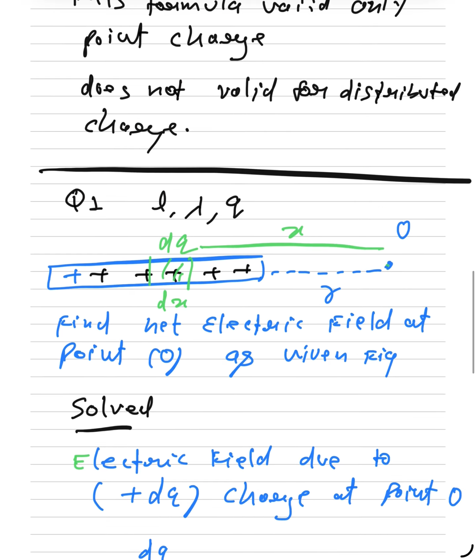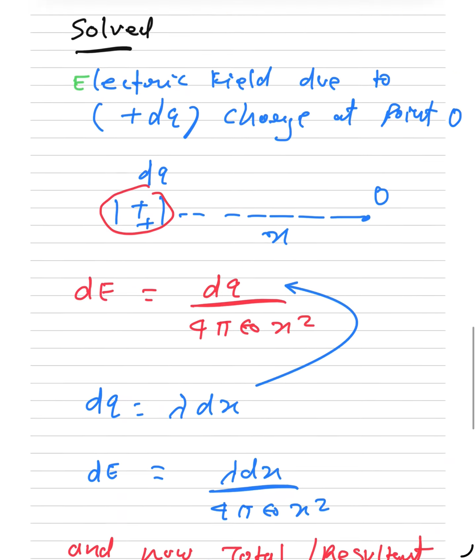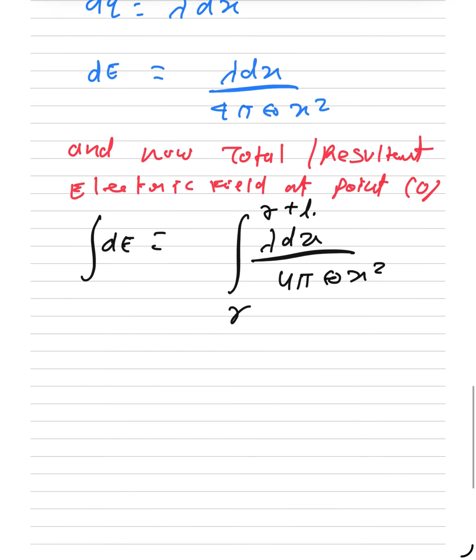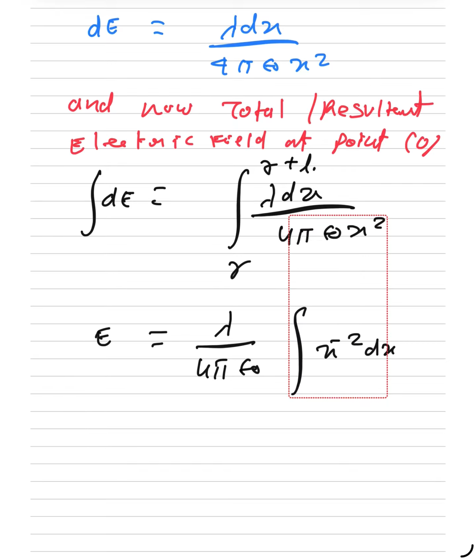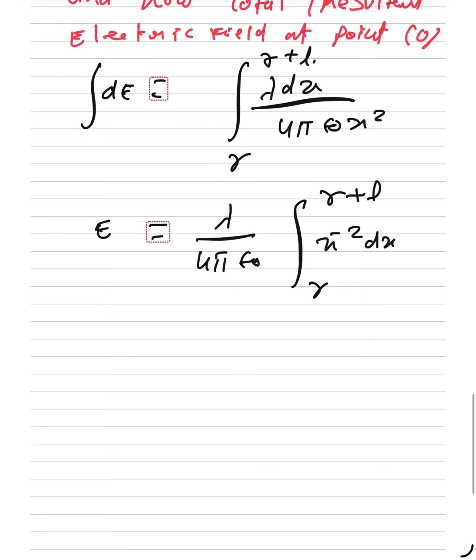Because according to the given situation, this is r and this is only l, and the total distance to this end is r plus l. Here lambda divided by 4 pi epsilon naught is a common constant factor, and we integrate x power minus 2 dx with limits r to r plus l, right?